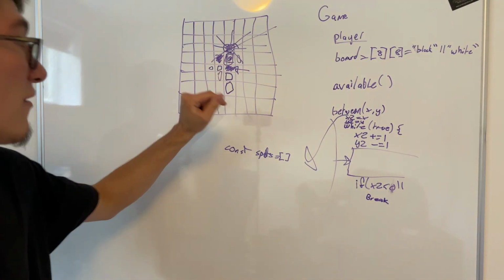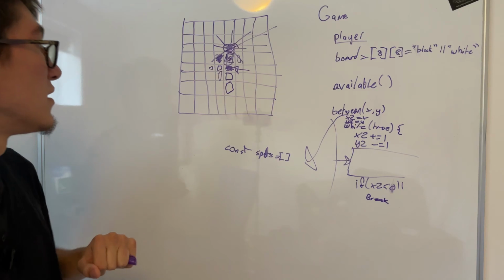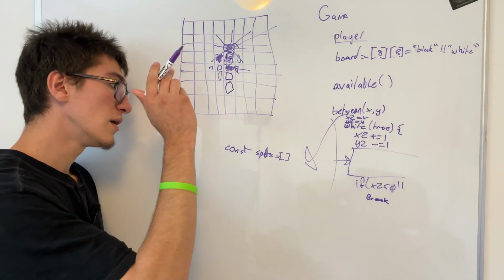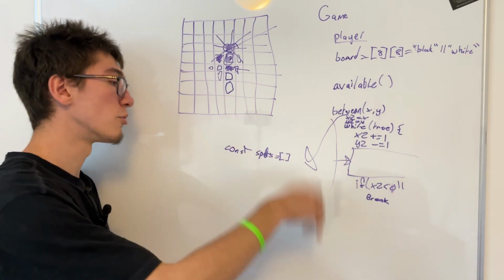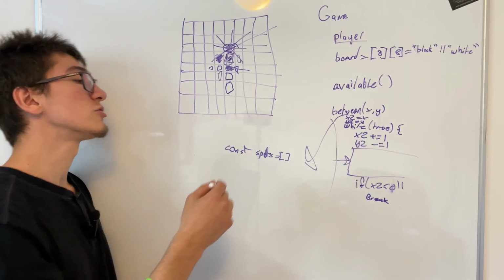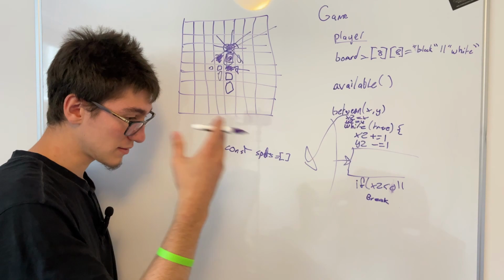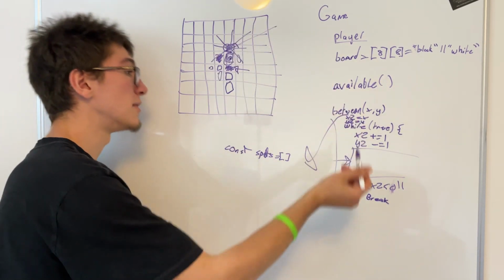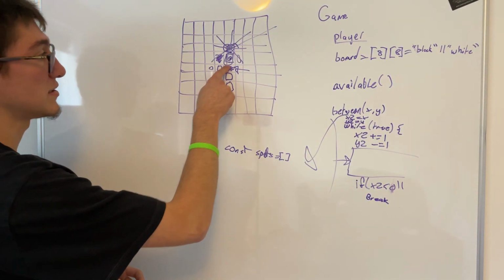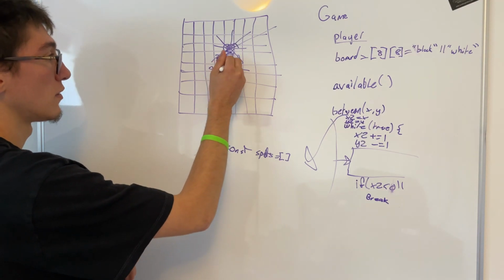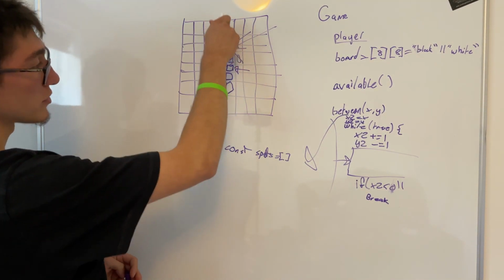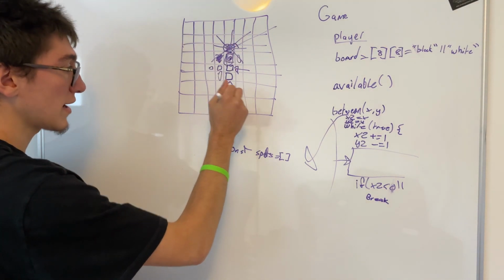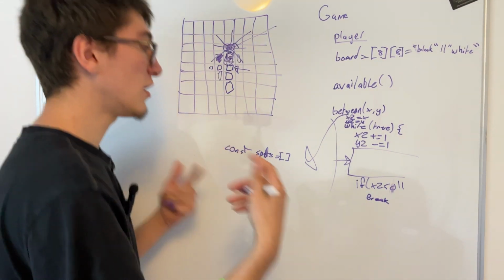Whenever I find a tile that has the same color as the player, I need to break out of the loop. I also need to say that there is an end, right? Because let's say this wasn't here and it was a white cell. Well, this spot is not available anymore since there is no black color over here, right? So it's not valid.